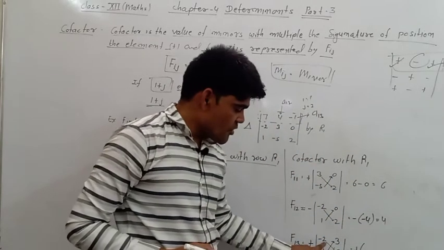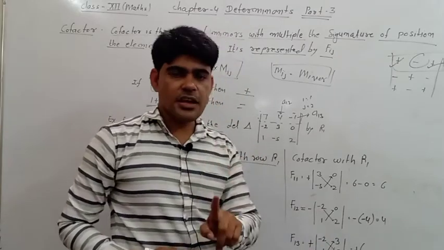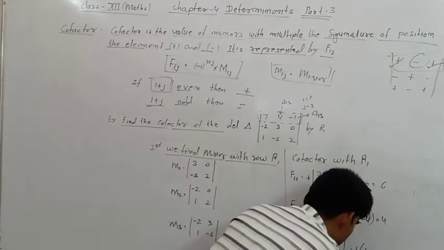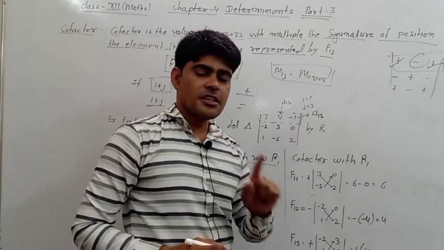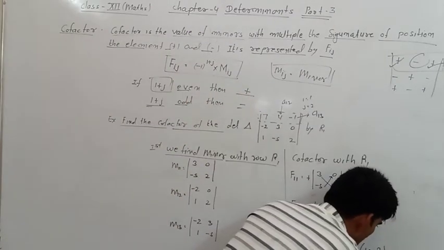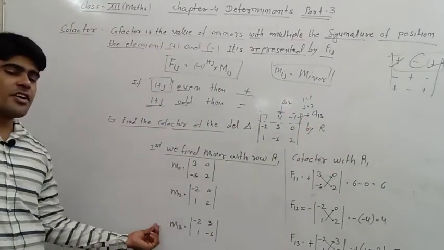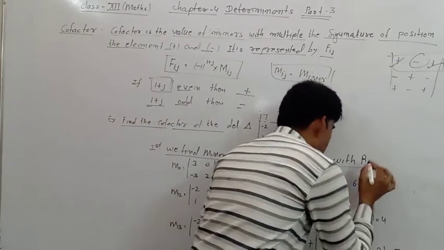Minus 2 into minus 5 is plus 10, and 1 multiplied by 3 with the negative sign is minus 3, so we get 7. These are the minors of the determinant and these are the cofactors of the determinant.